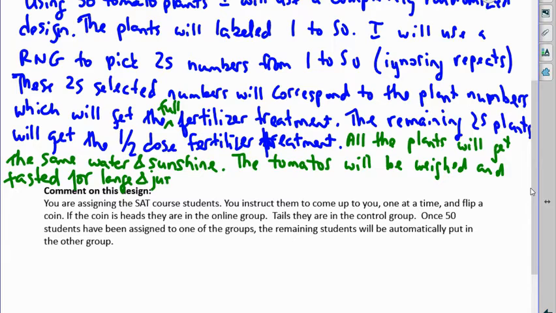The results of the groups will be compared.